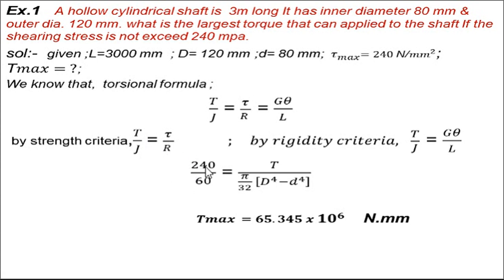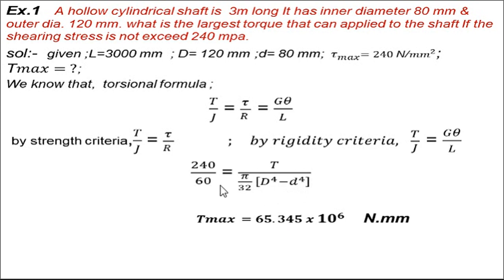Let us put all these values here. 240 is the shear stress tau, 60 is taken because the outer diameter is 120 mm, divided by 2 we get 60, equal to T, which we want to determine, over the polar moment of inertia J. Because it is a hollow cylindrical shaft, the formula becomes pi by 32 into D raised to 4 minus d raised to 4. So capital D is the outer diameter and small d is the inner diameter.